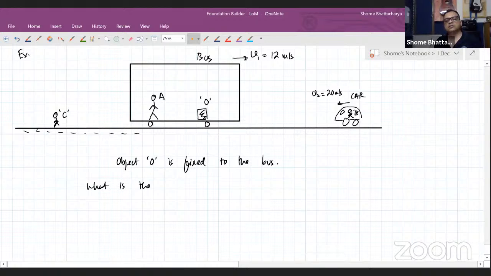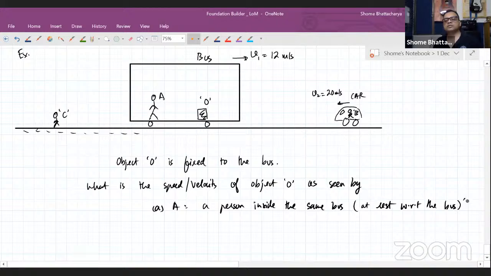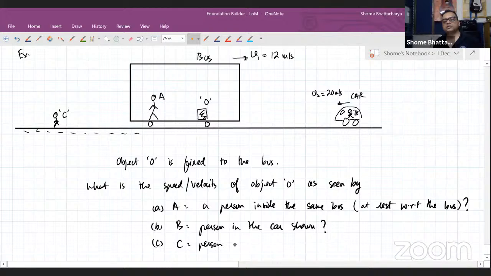What is the speed or velocity of the object O as seen by A, a person inside the same bus at rest with respect to the bus; B, the person in the car shown; and C, the person at rest with respect to the ground frame?